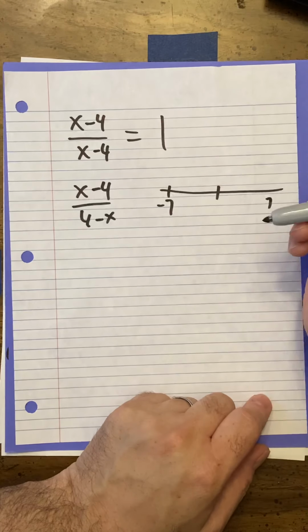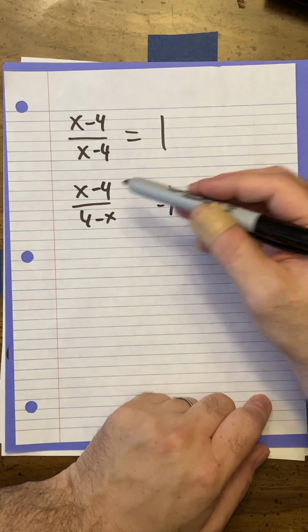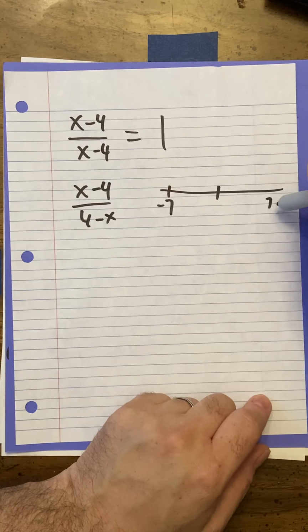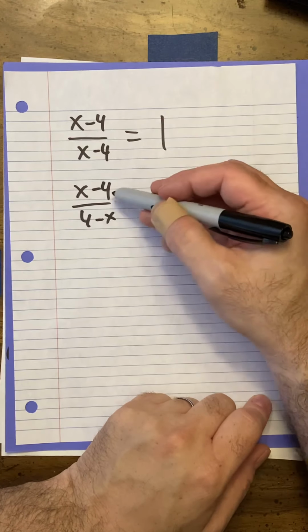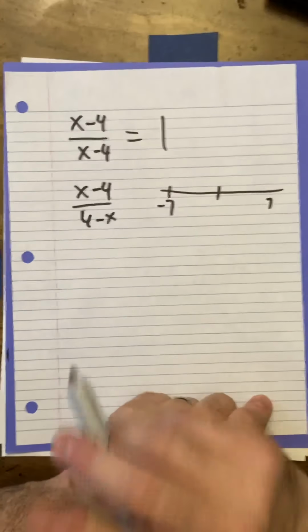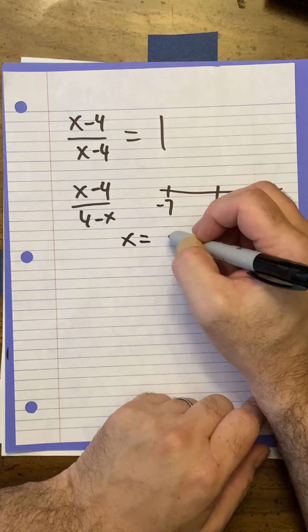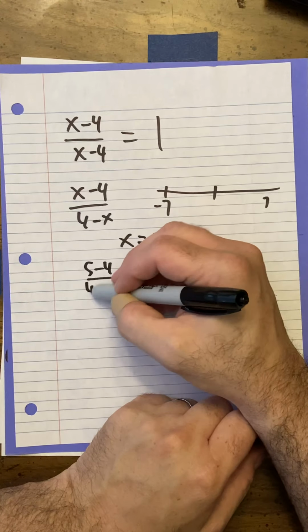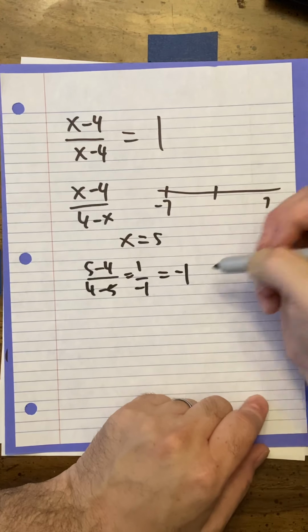Let's say x is 11, okay? So 11 minus 4 is 7. But 4 minus 11 is negative 7. So these are actually opposite values. You can check for yourself. Like you can put numbers in there. Let's say x is 5. So let's try it. 5 minus 4 over 4 minus 5. The top is going to be 1. The bottom is going to be negative 1. That's negative 1.